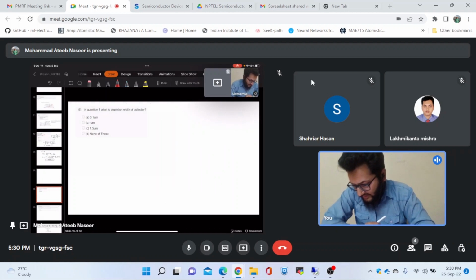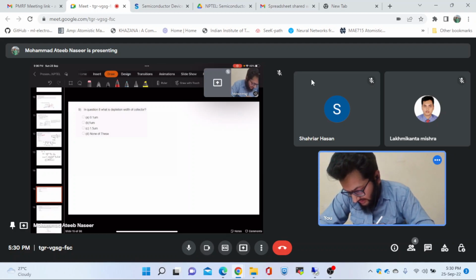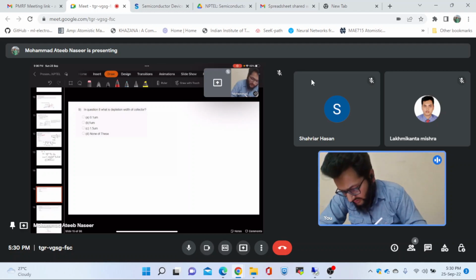Now it has been told in this region to find the depletion width of the collector region. Now I think it should be simple, and you should be able to do this by just writing the x21, that is the depletion width on this collector side.